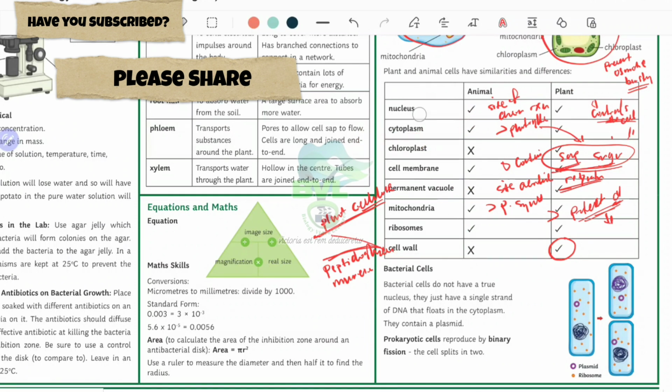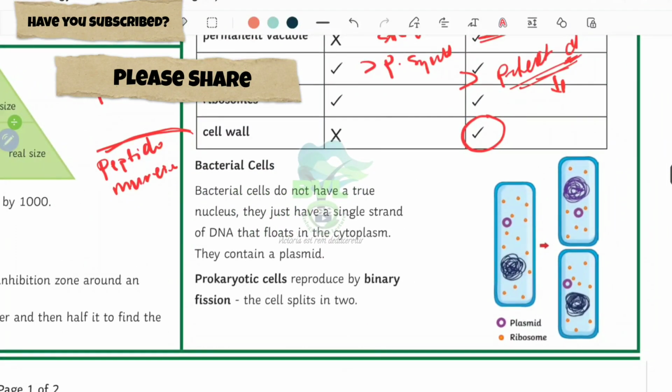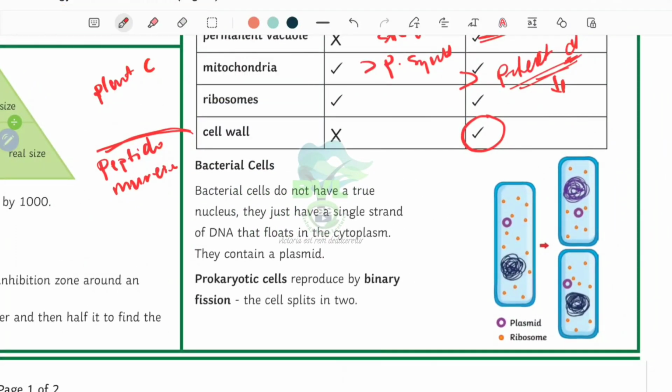Let me emphasize here that as far as your curriculum and specification are concerned, you don't need to know more than this. Now, if you're doing triple or separate sciences, as it's called, you should emphasize more on binary fission, which means the ability of bacterial cells to split asexually.